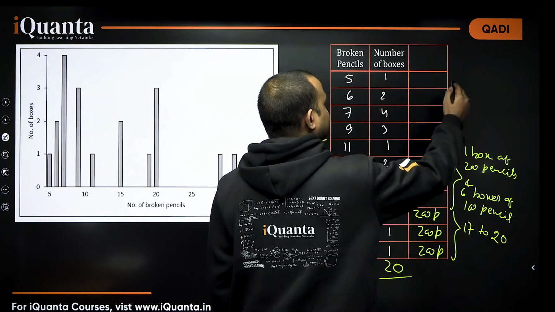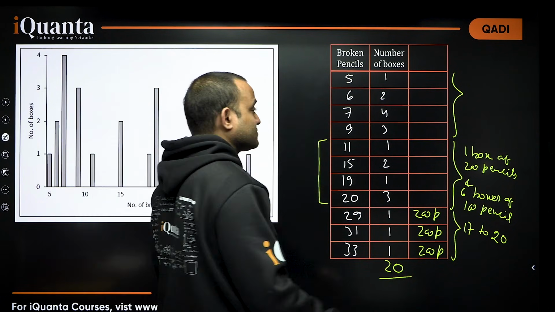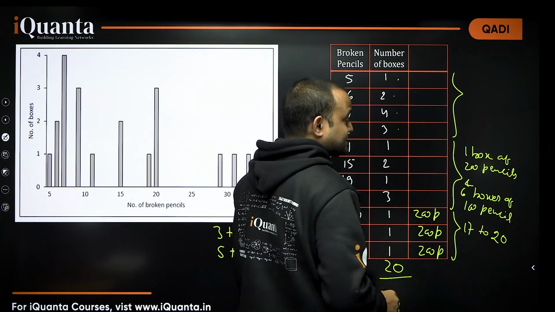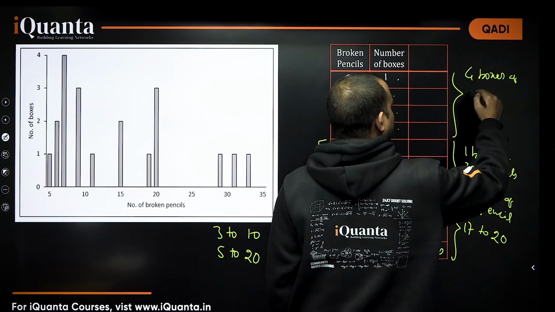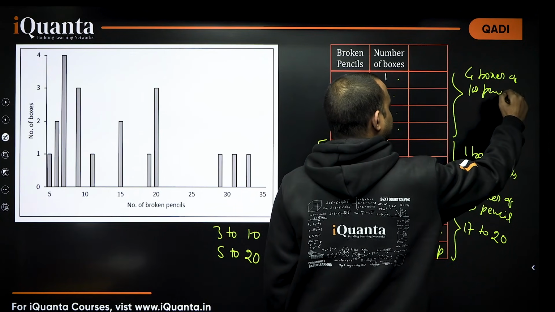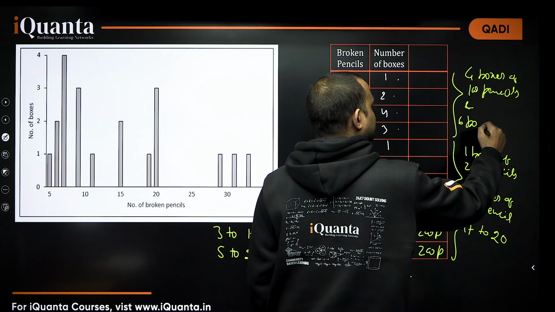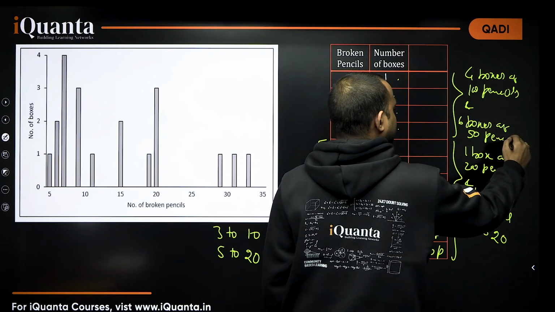Now we already have 6 boxes of 100 pencils, and in total there are 10 boxes of 100 pencils. Out of these 10 boxes, there will be 4 boxes of 100 pencils and 6 boxes of 50 pencils, right?